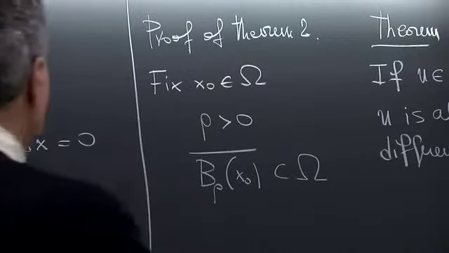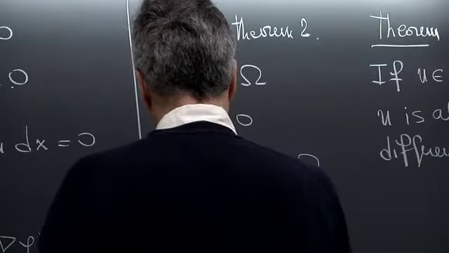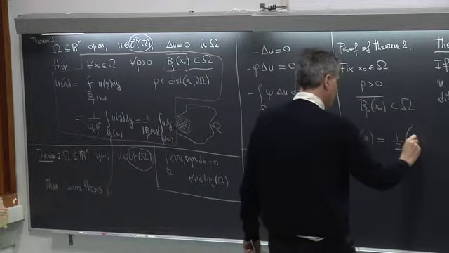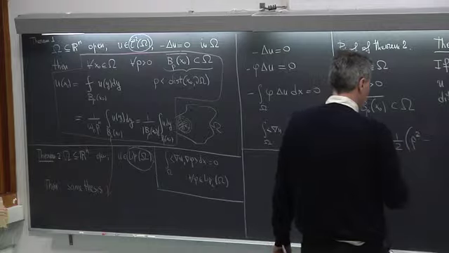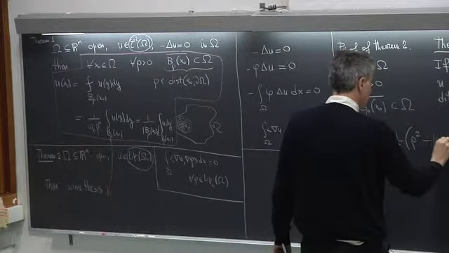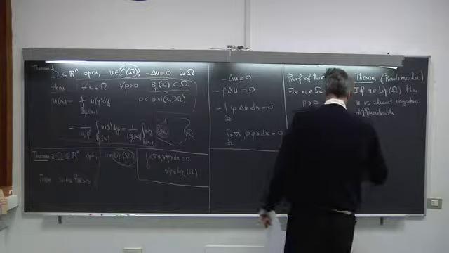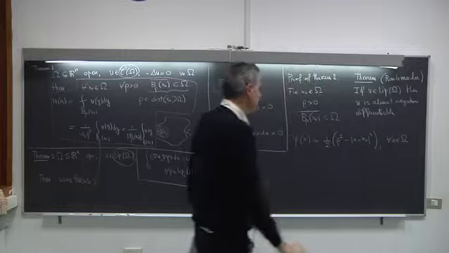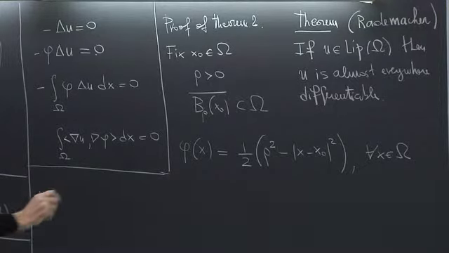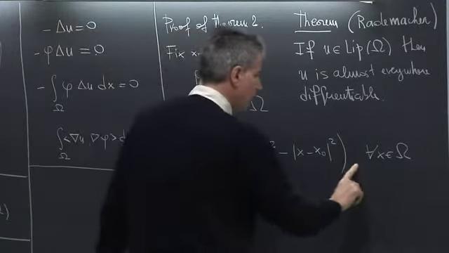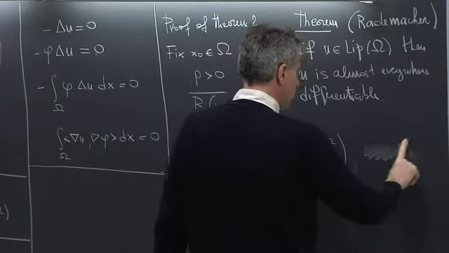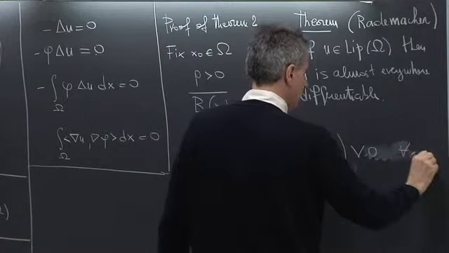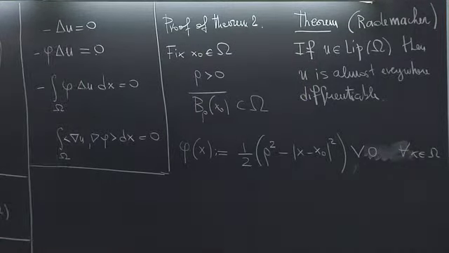And now choose, define phi of x equal to 1/2 times rho square minus x minus x naught square. This is a definition, okay? And then actually, sorry, this is not enough. Maximum with 0.